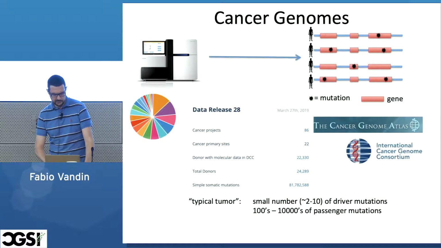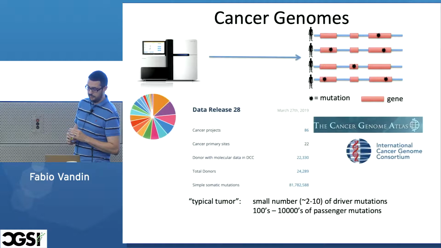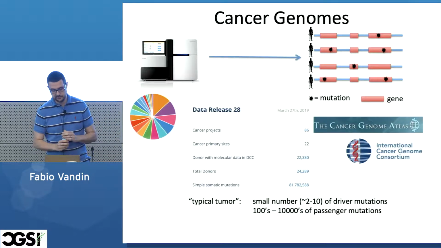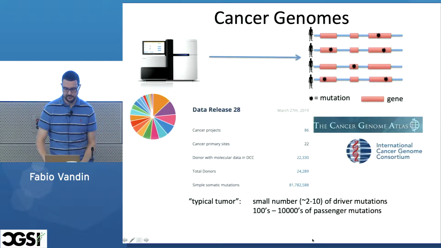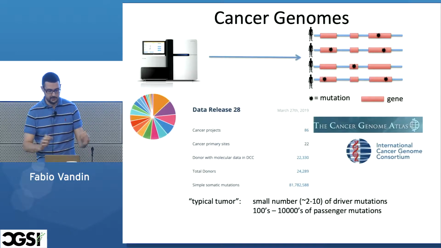In particular, as I guess Quaid said yesterday, what we have understood from analyzing these genomes is that there is a small number of driver mutations in cancer, somewhere between 2 and 10, or 2 and 20, something like that.